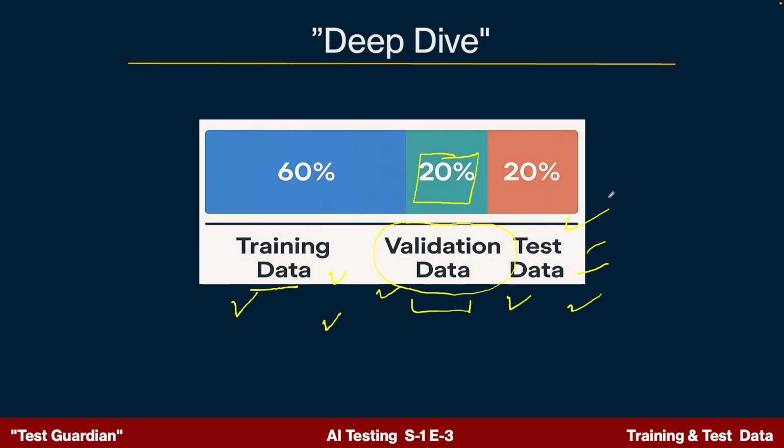This is where they fail, and we don't want that to happen to the model. We don't want the model to just memorize everything, and this is why we use validation data.